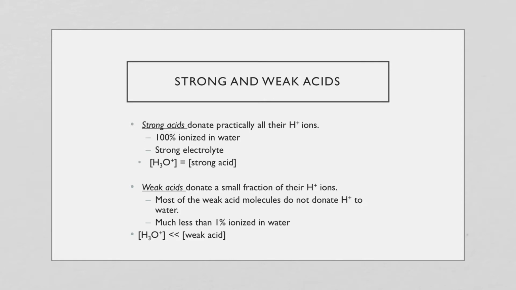Okay, so let's look at these just a little bit more in detail. First, we'll look at acids. And again, strong acids, we basically say they are unidirectional, that all of the molecules exist as the ion form.